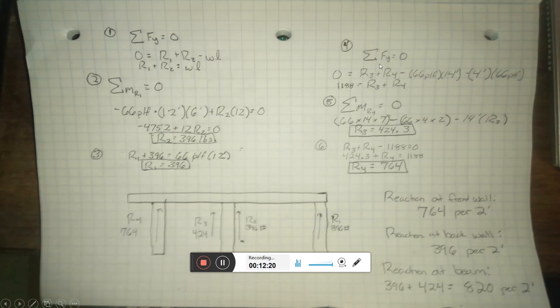Then you have to do the sum of the y forces, and you have 0 equals R3 and R4 minus 66 pounds times 14 feet minus 4 feet times 66 pounds.